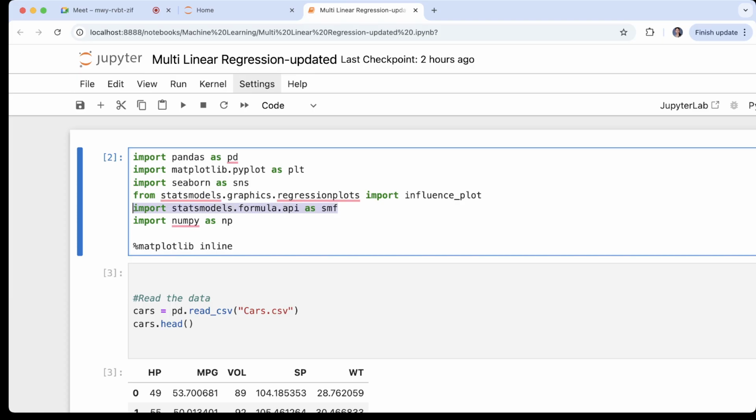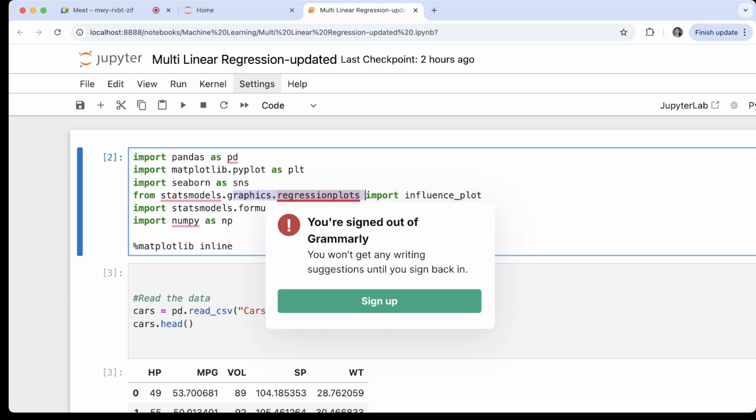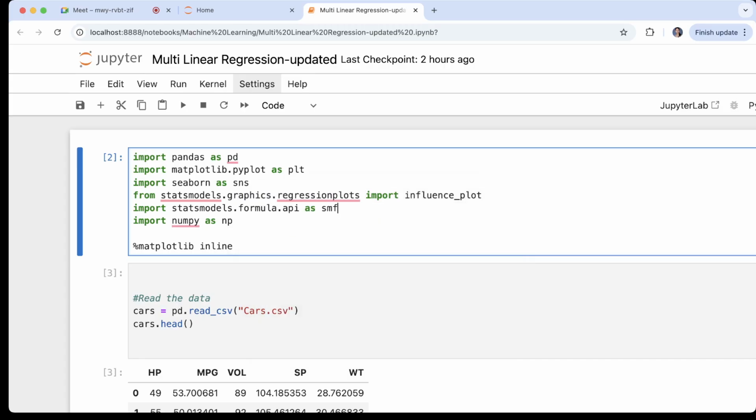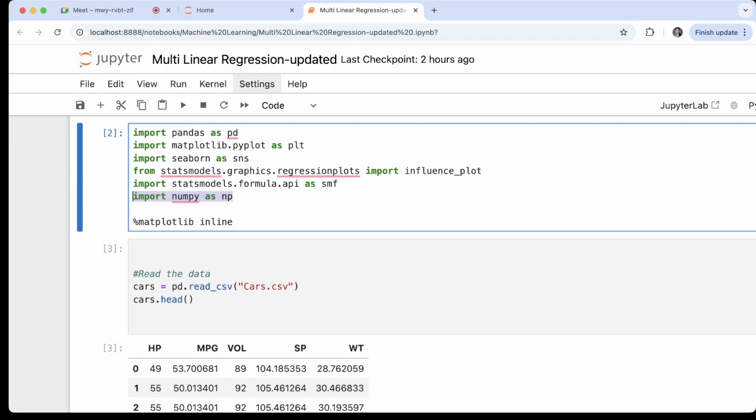Here we are importing the influence plot function, and statsmodels.formula.api, which has the OLS model, as smf. Then we import numpy as np, to use mathematical functions.